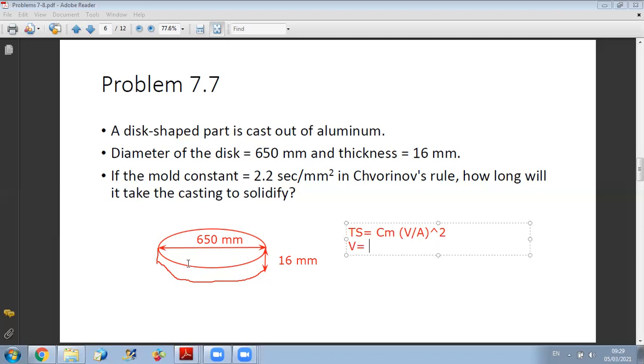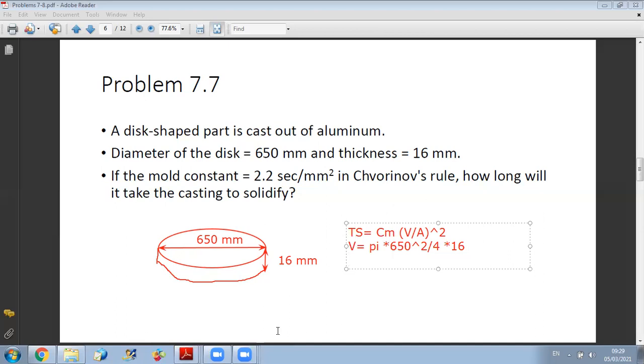The volume of a disk is pi r squared times thickness, or pi d squared over 4 times the thickness. So pi times 650 squared over 4 times the thickness, which is 16. Then we get the volume of the part to cast.